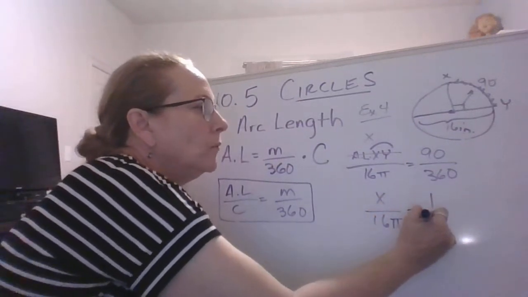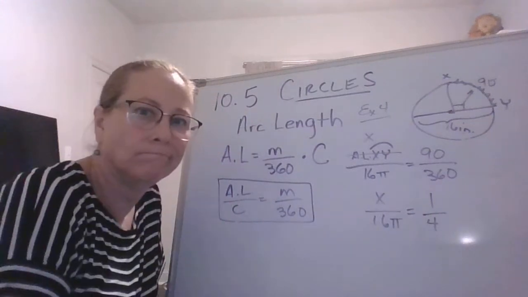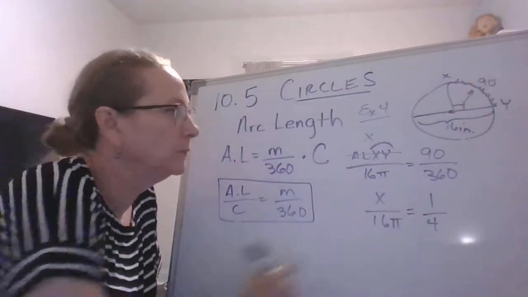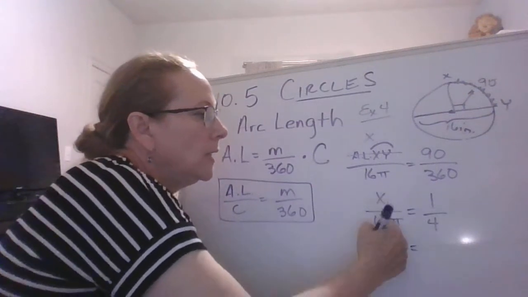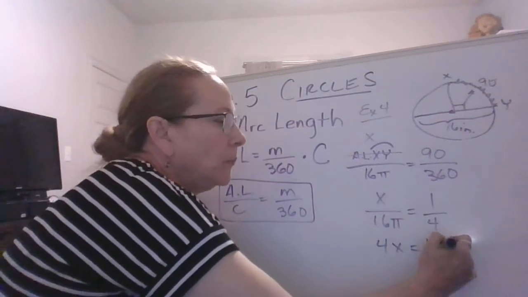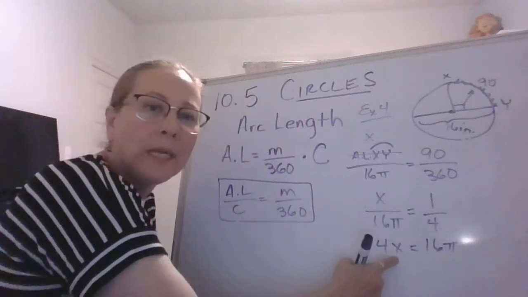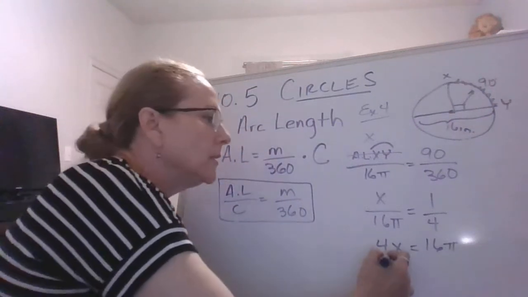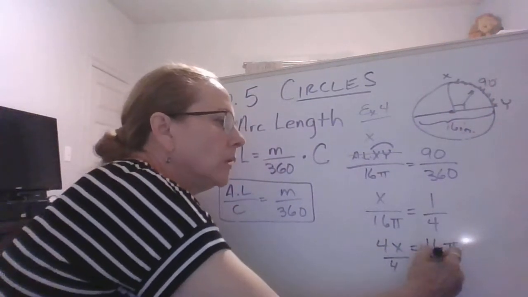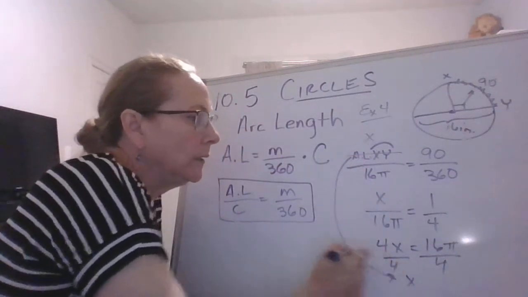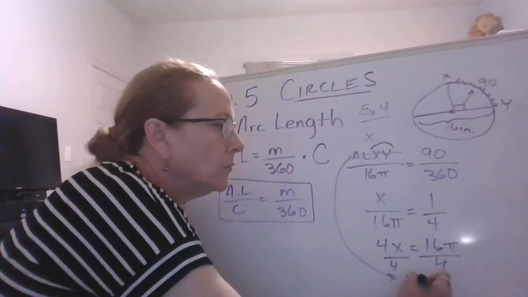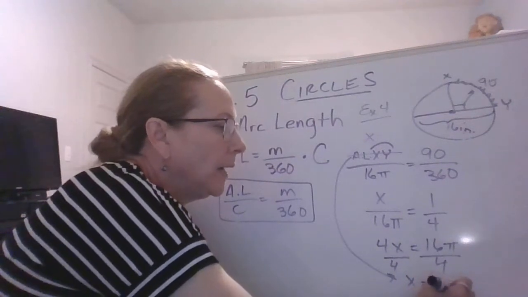And isn't this 1/4? Looks a little simpler, right? 4 times x is 4x. 16 pi times 1 is 16 pi. How do we get x, or our arc length, by itself? Divide by 4. So x, representing that arc length, is equal to 4 pi.